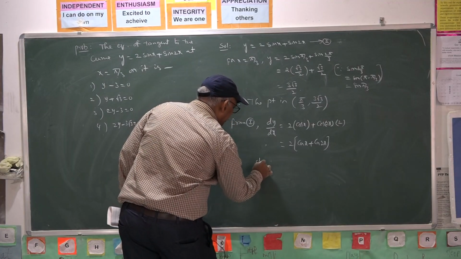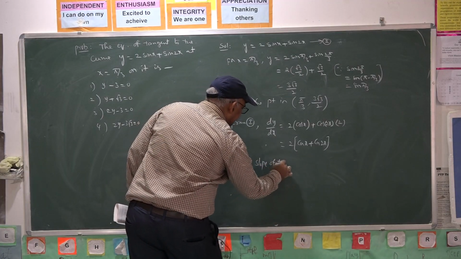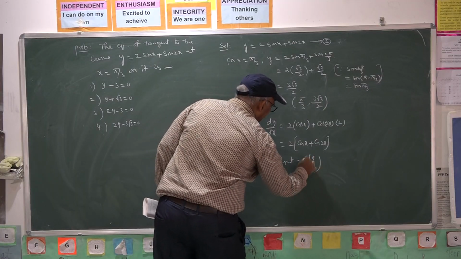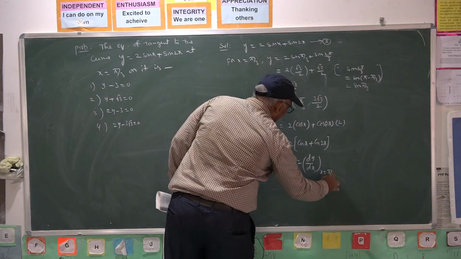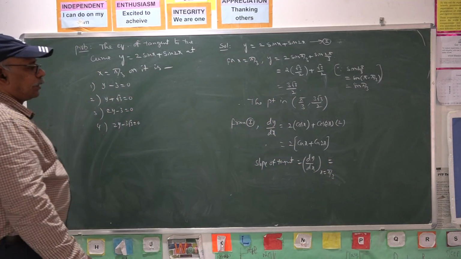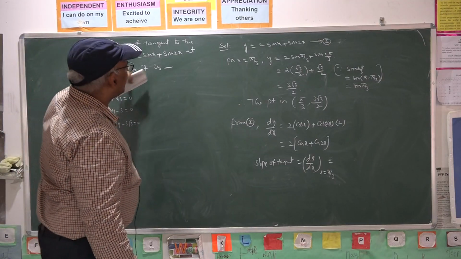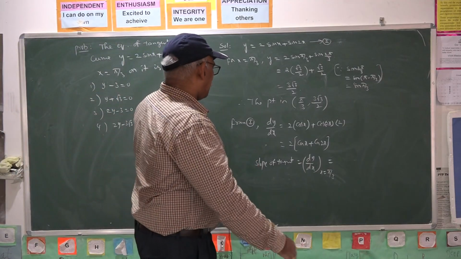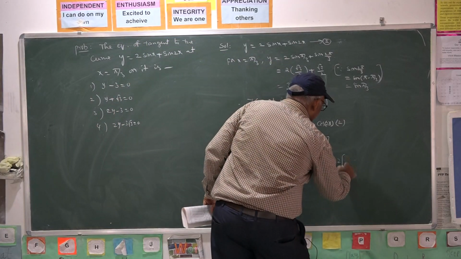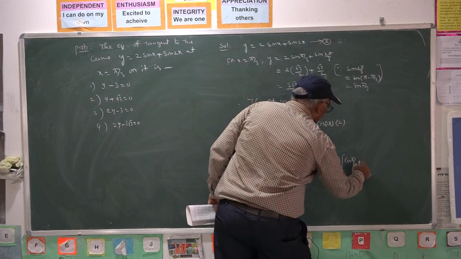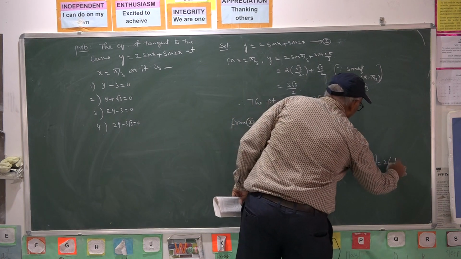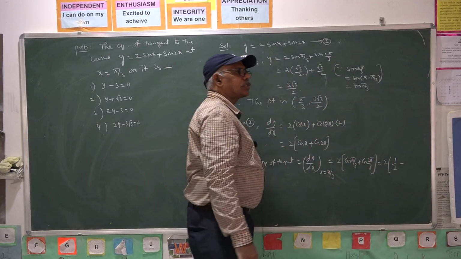Now slope of tangent at x equal to pi by 3. Slope of tangent is obtained as dy by dx at x equal to pi by 3, because the tangent is drawn at pi by 3. So that is twice cos pi by 3 plus cos 2 pi by 3, that is 2 into cos 60 plus cos 120.